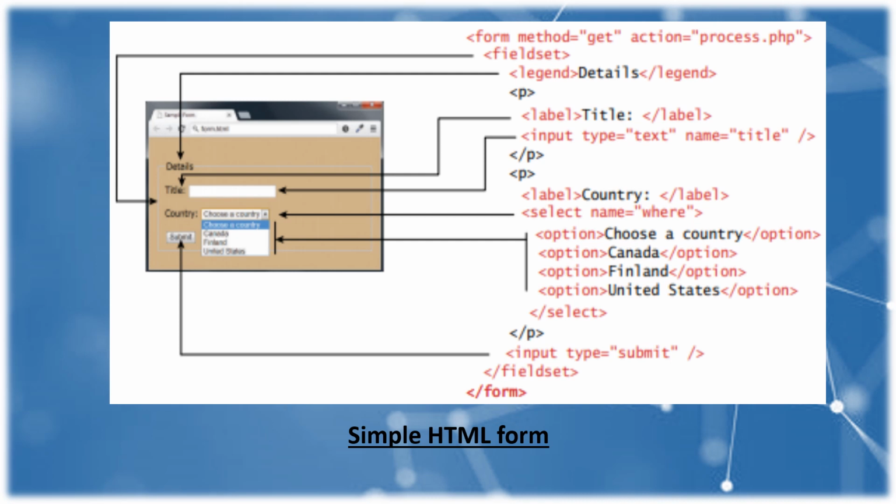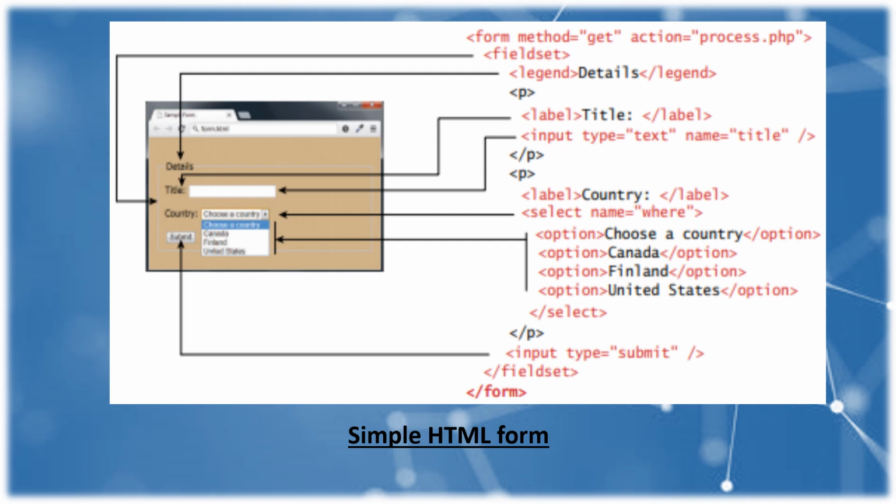Here is the diagram which represents a simple HTML form. This form includes the details, title, country, and then the submit button. Details is put inside the legend tag. The tag p represents the paragraph.